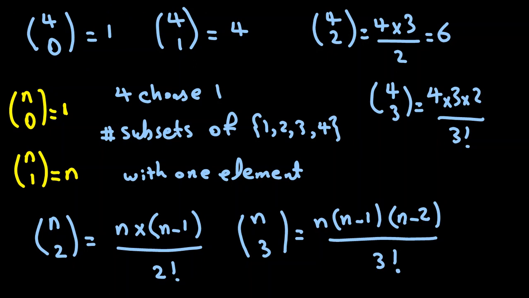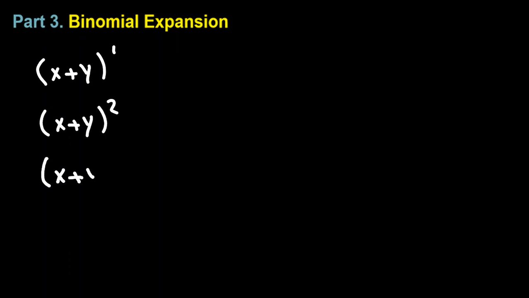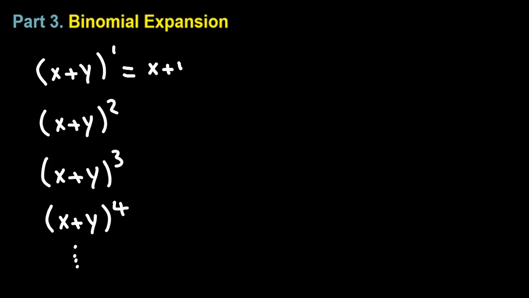Sorry, part 3. Binomial expansion is what? For example, you say x plus y to the power of 1, x plus y squared, x plus y to the power of 3, x plus y to the power of 4, and so on. We want to see how we can find a formula. So the first one is obvious, x plus y.